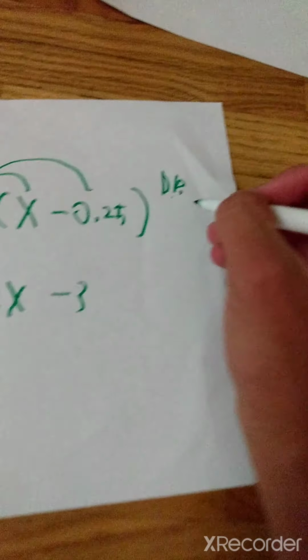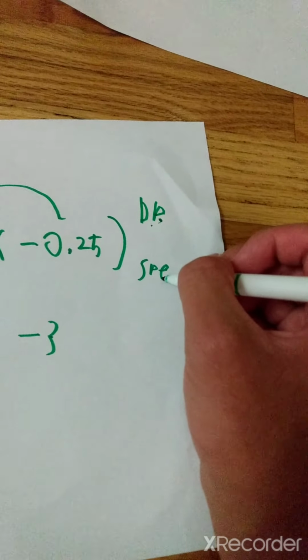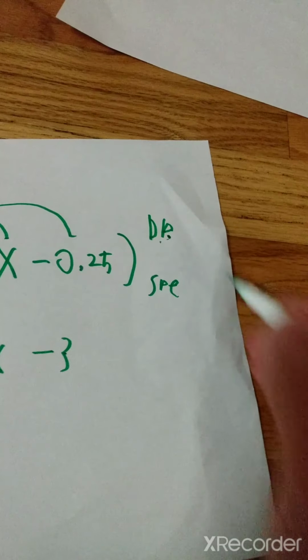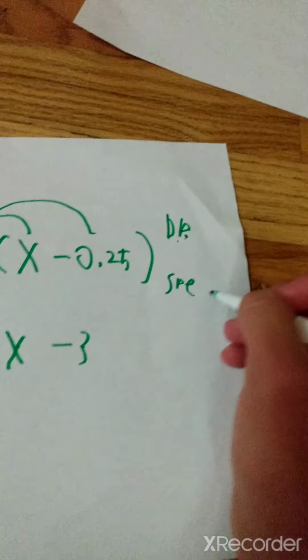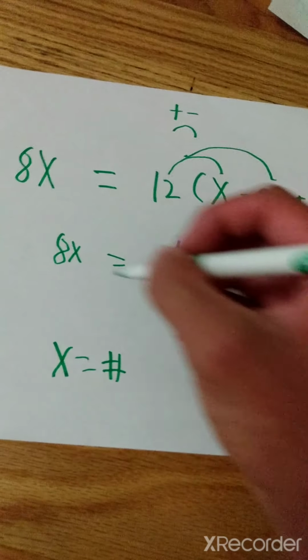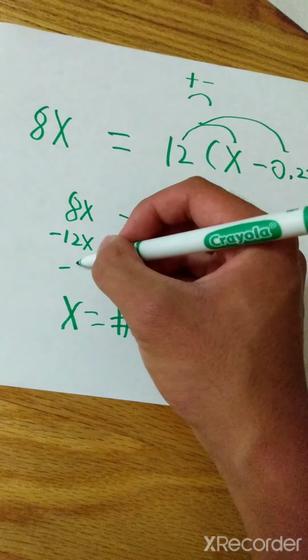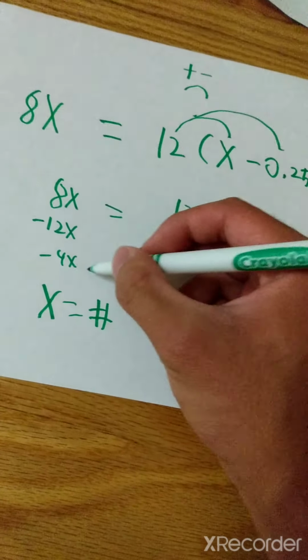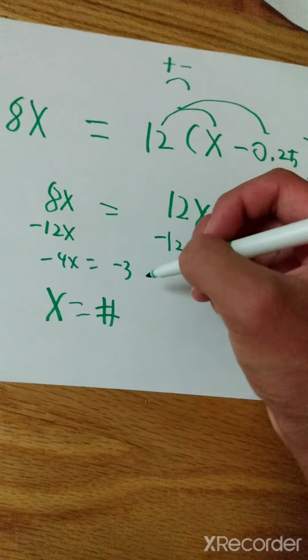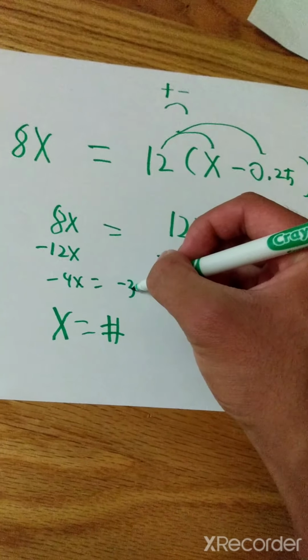We can call that the SPE, or subtraction property of equality. So we subtract 12x from both sides. We get negative 4x equals negative 3. So we have a variable on one side and a number on the other side.